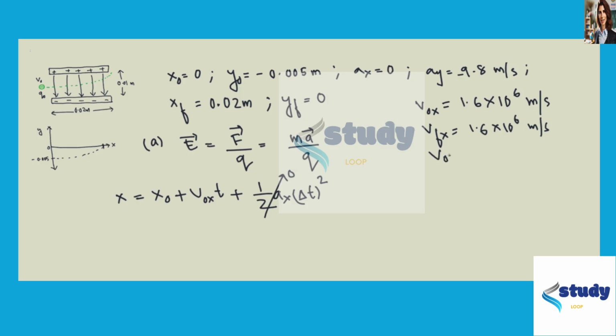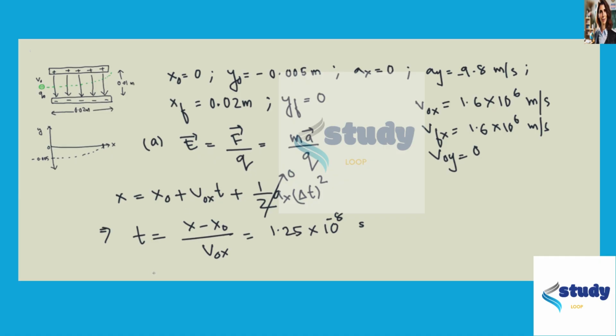And v naught y is equal to 0 because there is no initial component of velocity along the y direction. Now from this equation we have t equal to x minus x naught over v naught x, and substituting these values we get time to be equal to 1.25 times 10 to the power minus 8 seconds.